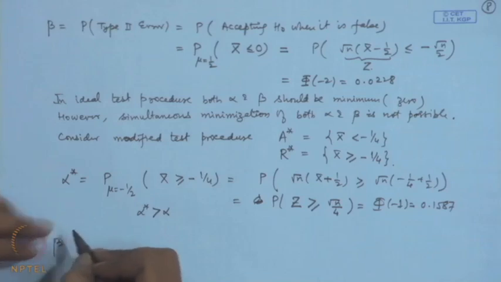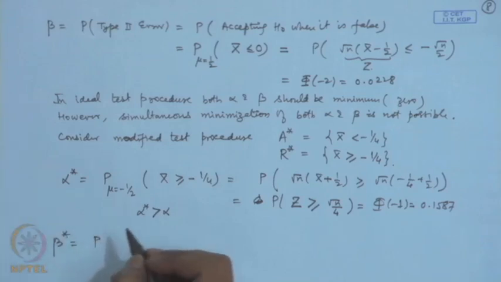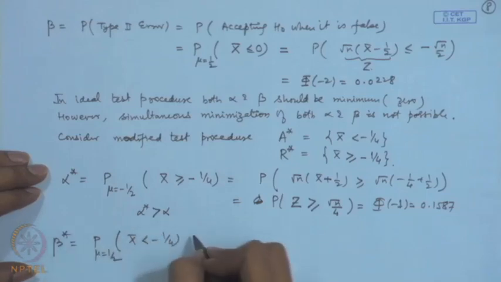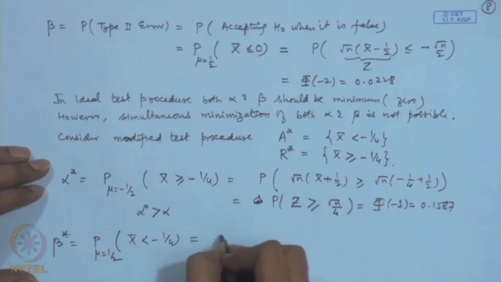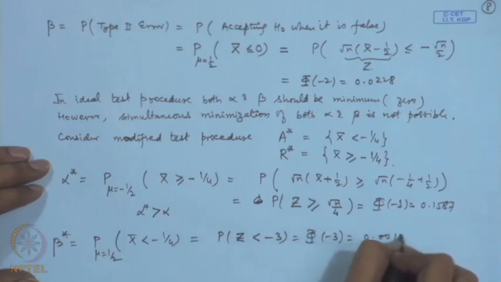Let us calculate, say, beta star here, that is the probability of x bar less than minus 1 by 4 when mu is equal to plus half. Arguing in the same way, this value turns out to be probability of z less than minus 3, that is phi of minus 3, that is 0.0013.